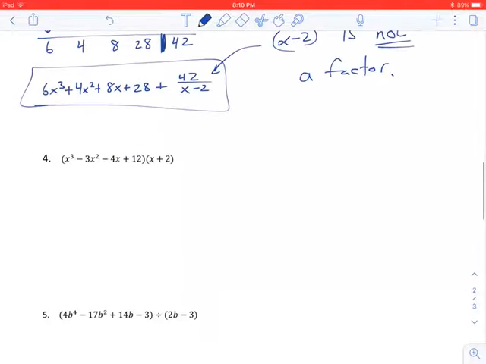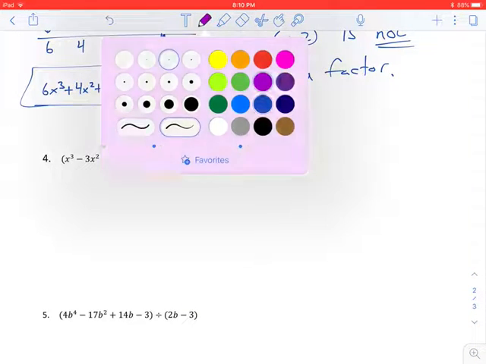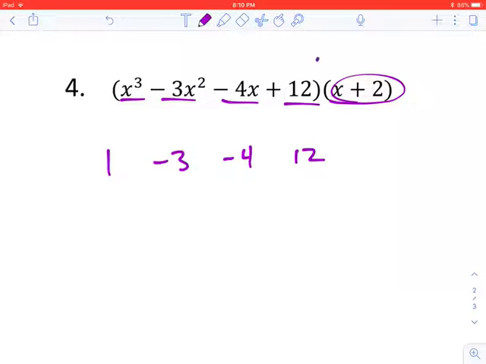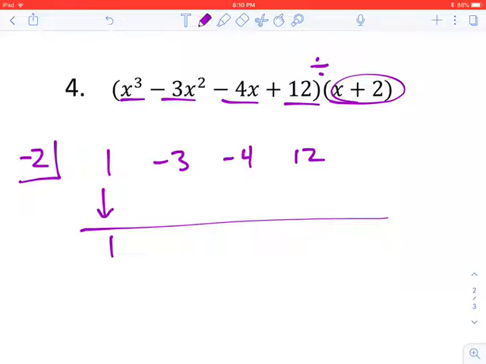So let's do these last two real quick. No missing numbers this time. So I've got 1, -3, -4, and 12. This is supposed to say divide by, but that's going to be -2 for my number. Bring down the leading coefficient of 1, and we're ready to go. So I'm going 1 times -2 is -2.